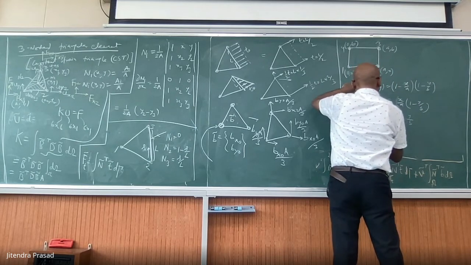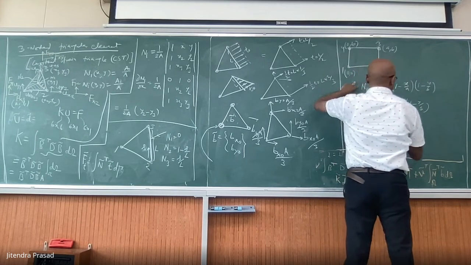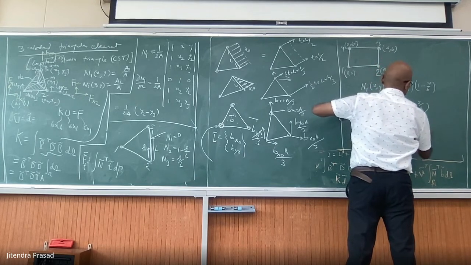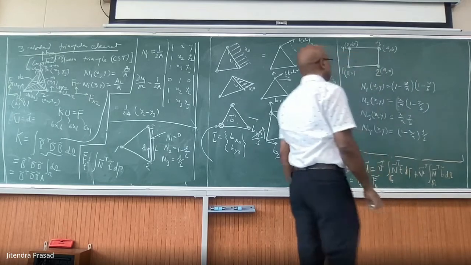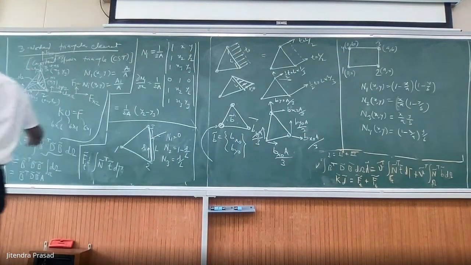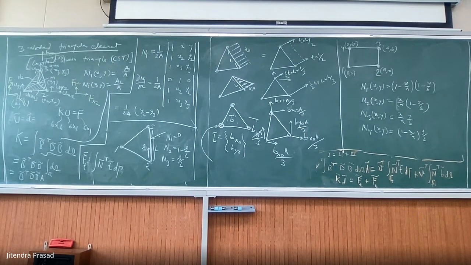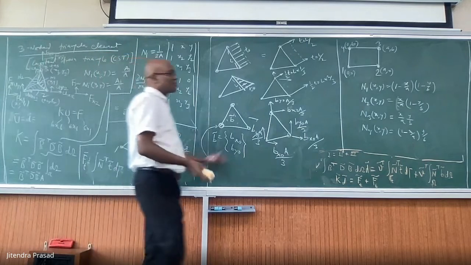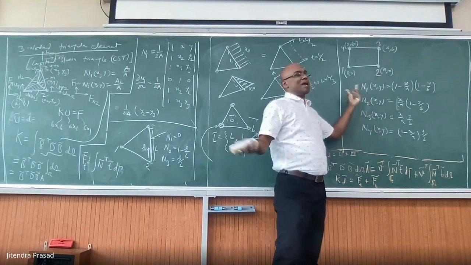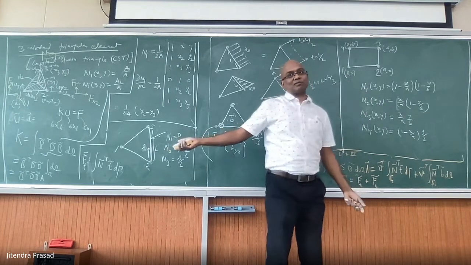N4(x,y) is equal to 1 minus x over a times y over b. And then you do the usual thing as we have done here. We are going fast forward now because I'm just reminding you that you can fit this there also. You know the shape function, the rest you can do.